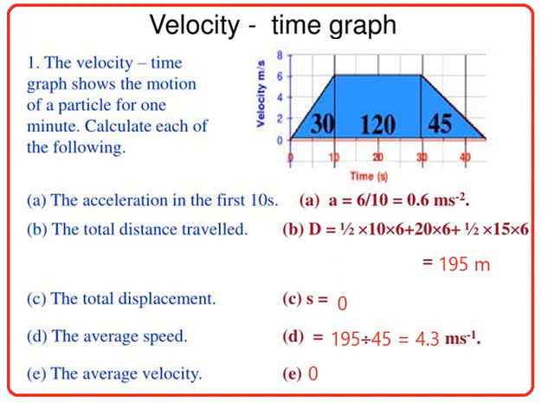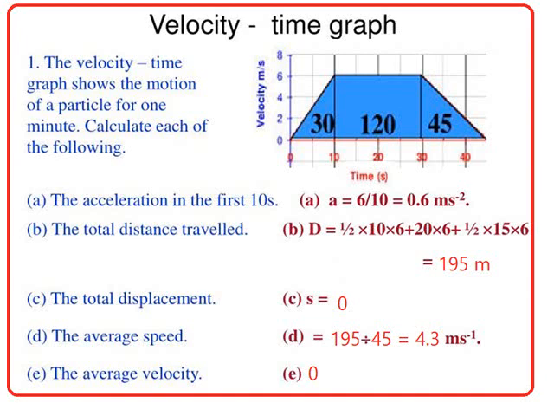The acceleration in the first 10 seconds. So we are being asked to calculate the acceleration in the first 10 seconds. And the acceleration is for the sloping line. The sloping line has a height of 6 meters per second, and the base value is 10 seconds.